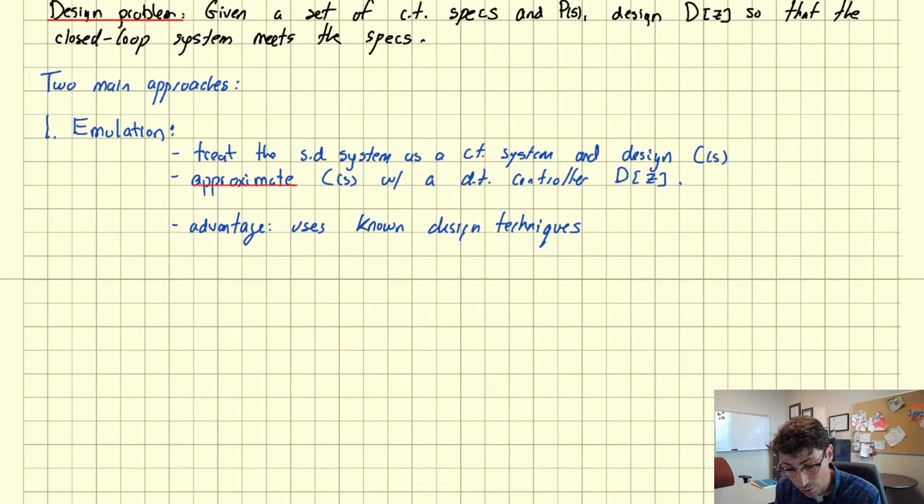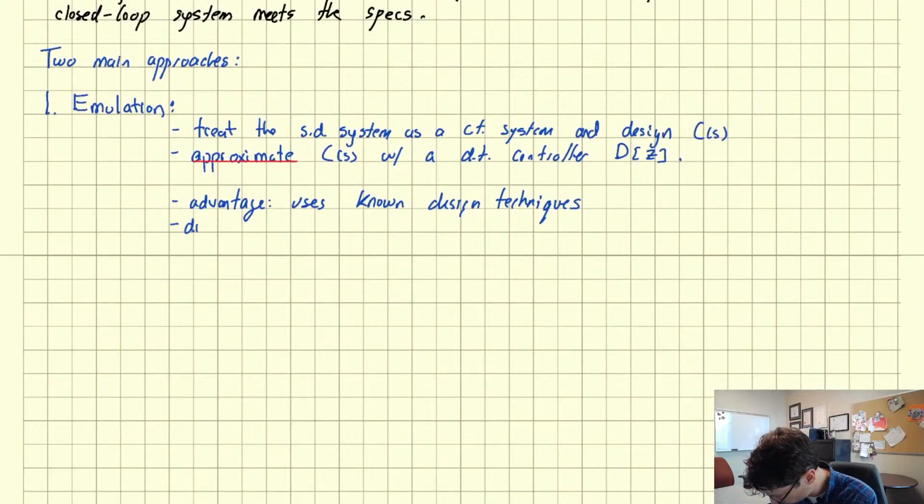The disadvantage is that approximation, when you go from continuous time to discrete time, as we saw in the simulation today, it doesn't guarantee performance. So let me just write this last point and we'll stop. It requires a small sampling period. So it only works well for fast sampling.